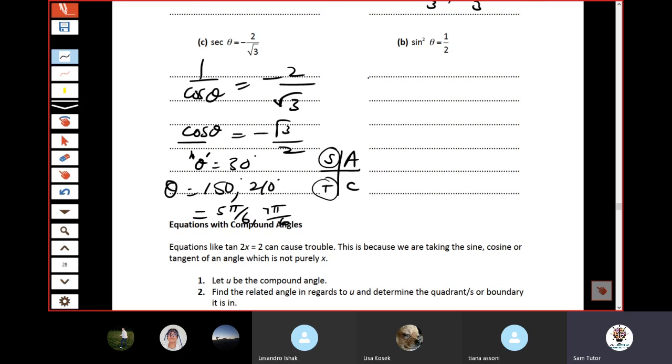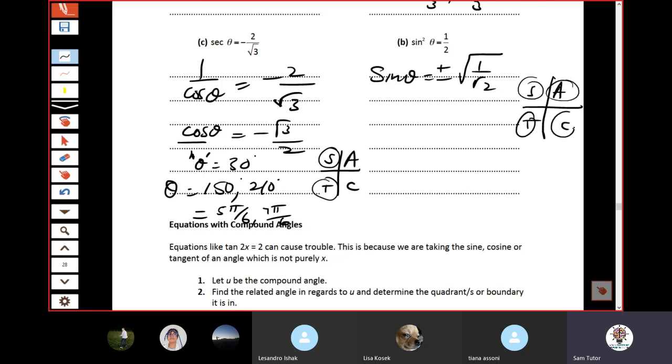This one, I'll do this one. Sine theta, square root. You've got to remember to write plus minus 1 on root 2. If you ever have a squared, because you're going to have a plus and a minus, it's good that you can just get used to knowing it's going to be all 4 quadrants, right? Where is sine positive, well, A and S, where is sine negative, in T and C. So it's just going to be all 4. So really, I'm just going to find the first one, inverse sine, 1 on root 2, 45 degrees, and then I'm just going to go 180 minus, 180 plus, 360 minus.